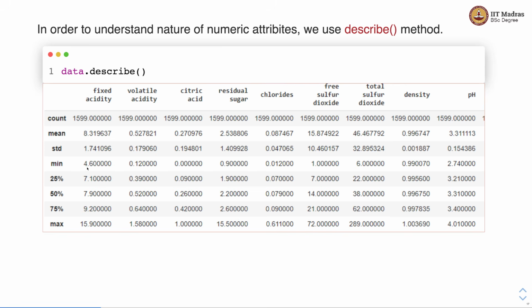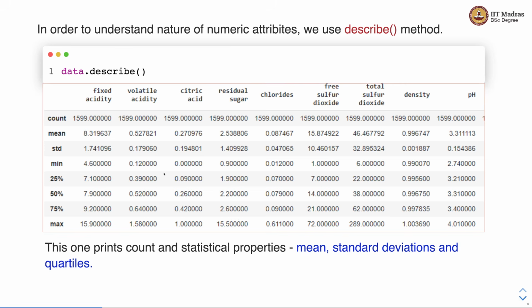The minimum value of fixed acidity is 4.6 and the maximum value is 15.9. The 25th percentile is 7.1, the 50th percentile is 7.9 and the 75th percentile is 9.2. And you can similarly look at the statistics for other features. So as we just discussed, it prints counts and other statistical properties like mean, standard deviation and quartiles.